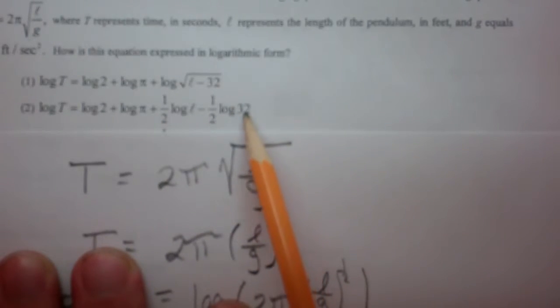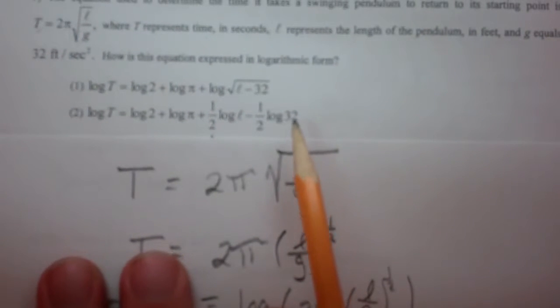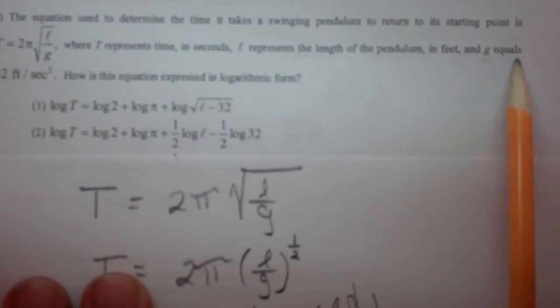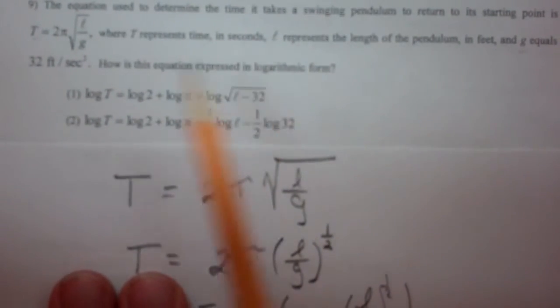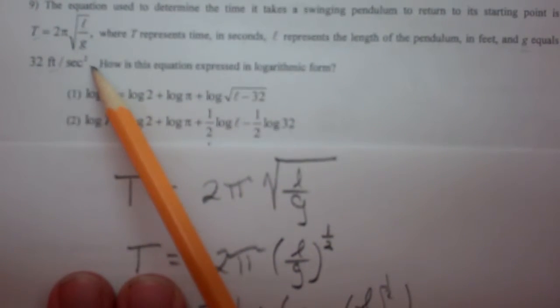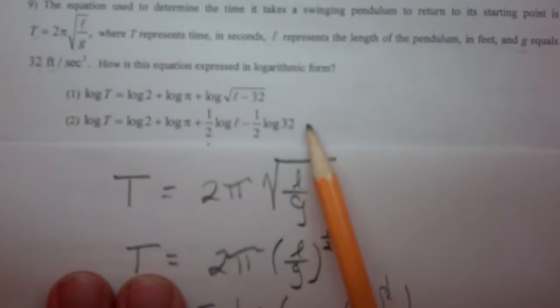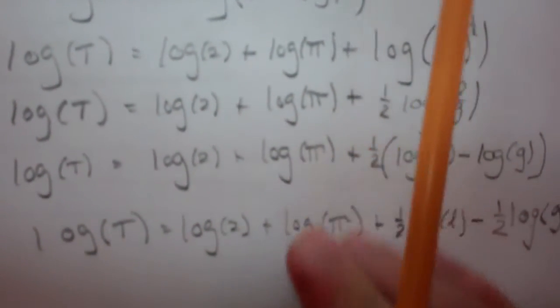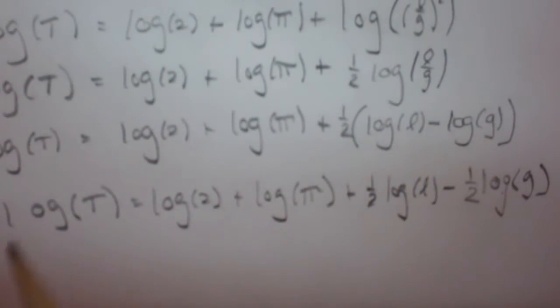This doesn't say the log of g, though. Why is that? Well, if we go back to the problem, it says that g equals 32 feet per second squared. So instead of writing a g, they're writing it as a 32. We can do that also. Down here, we can make that substitution.